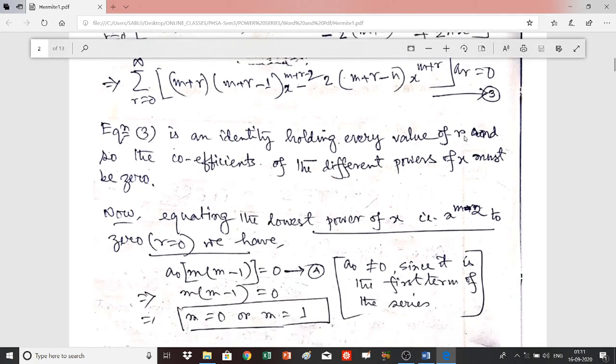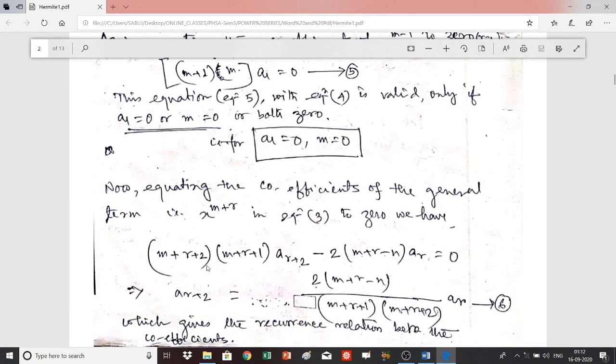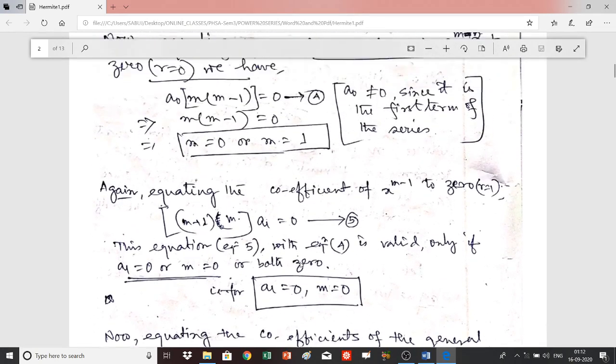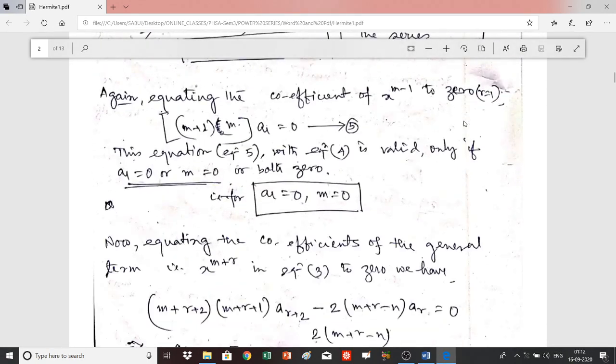So the first term will give you m plus r plus 2 into m plus r plus 1 into a r plus 2, and from the second term, this will give you minus 2 into m plus r minus n into ar, that is equal to 0.